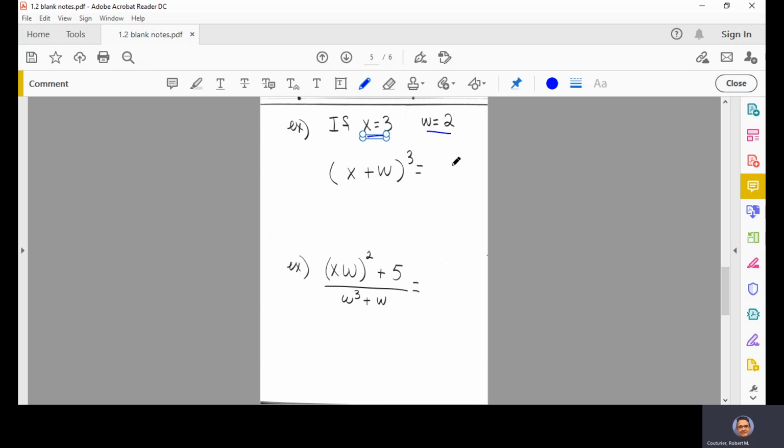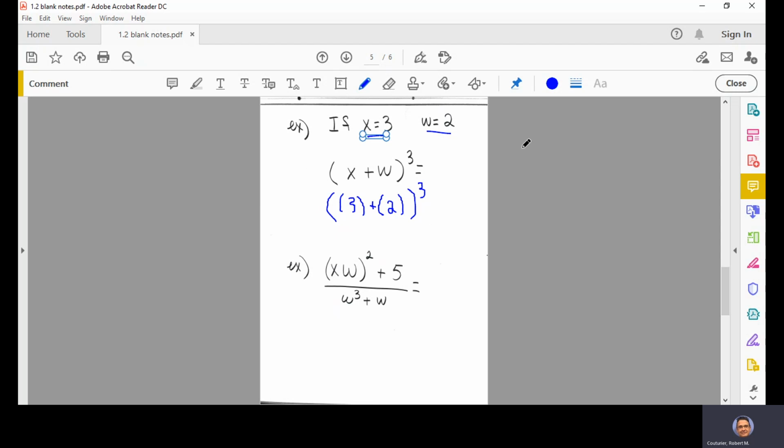That means we're allowed to do our laws of substitution. So we said that x equals 3, so in this first one, we can come in here and we replace this x with a 3. And then we can replace this w with a 2. Notice how I wrap what I'm replacing in a set of parentheses. Very important to do this.